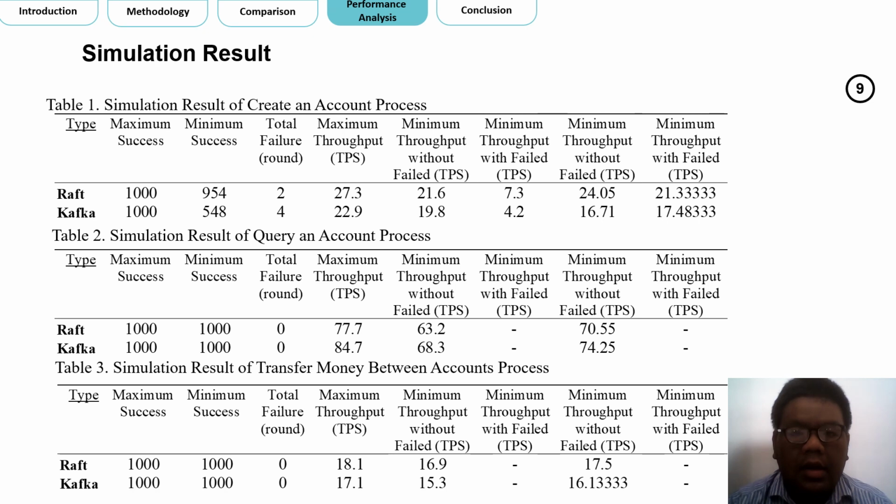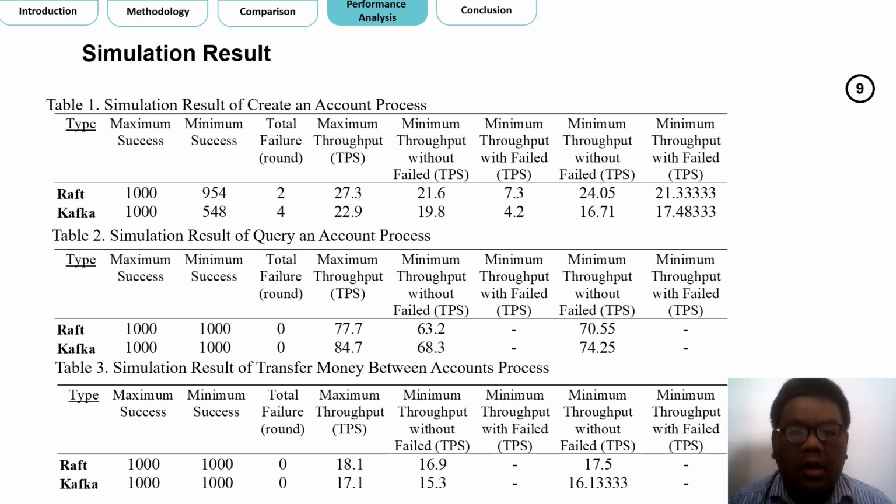Finally, in the simulation of transferring or sending money to another account, Raft and Kafka have equal success possibilities. But for the throughput process, the simulation shows that Raft is faster than Kafka. This can be seen in table 3 that in maximum throughput, minimum throughput, and average throughput, whether there are transaction failures in the process or not, Raft is faster than Kafka.